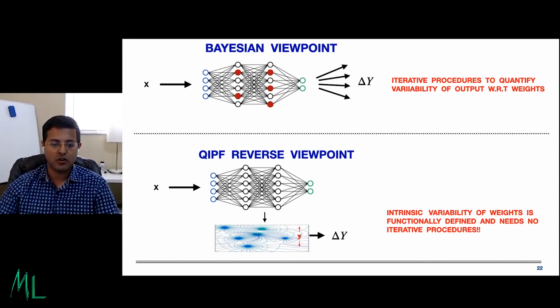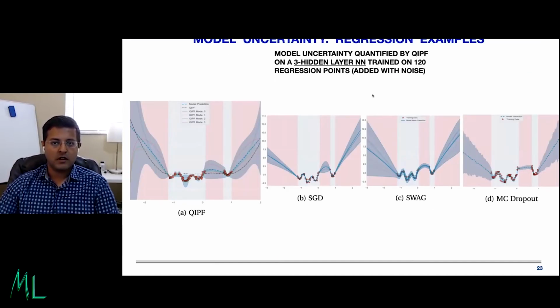We just vary the model output in its local neighborhood to see how those functional moments change. So if there's a high variability in those functional moments, the QIPF moments, the model uncertainty is very high. And if it's not, then the model uncertainty is low. So we are essentially looking in the reverse direction: change the output to quantify its uncertainty instead of changing the weights.